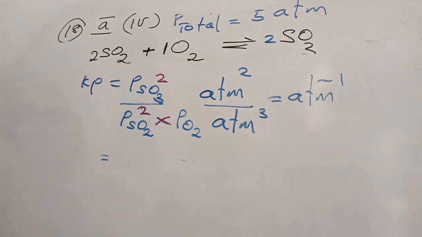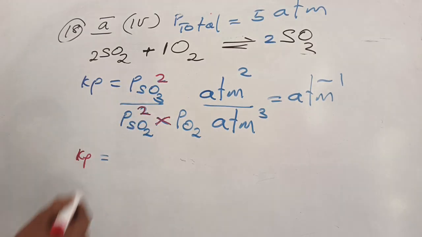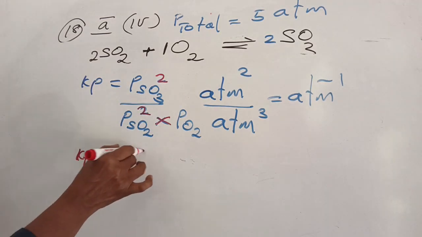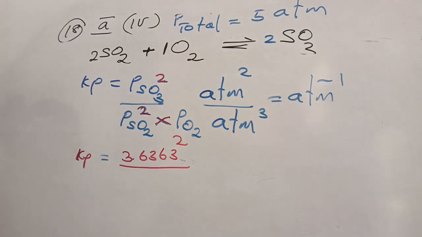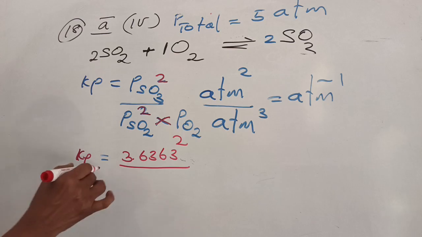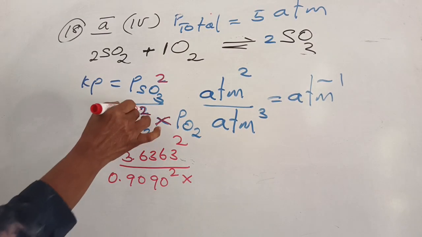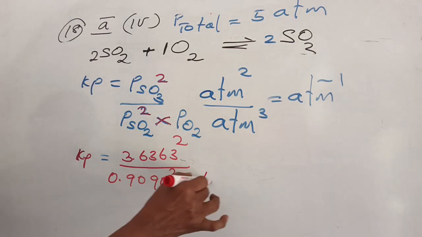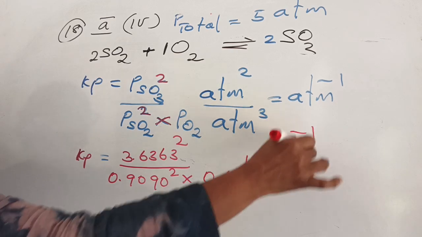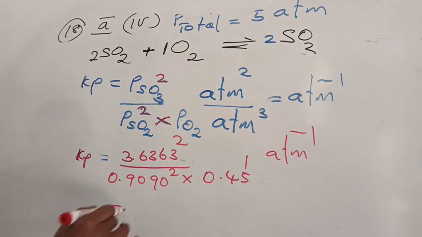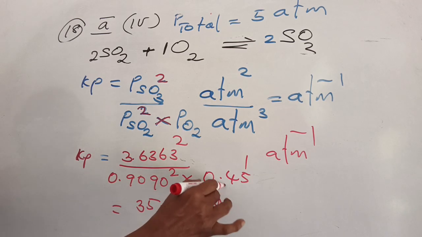When we substitute our values, Kp equals the SO3 partial pressure we got, 3.6363, to the power 2, over the partial pressure of SO2 we got, 0.0909, to the power 2, at the same time 0.45 to the power 1. We get the unit as atmosphere to the power minus 1. Once simplified, we get the value of Kp as 35.2 atmosphere minus 1.